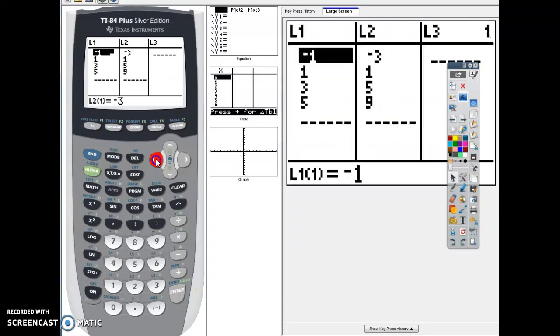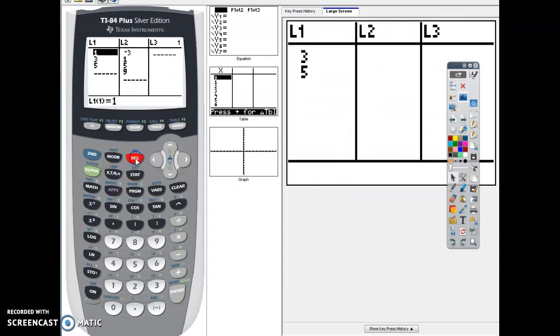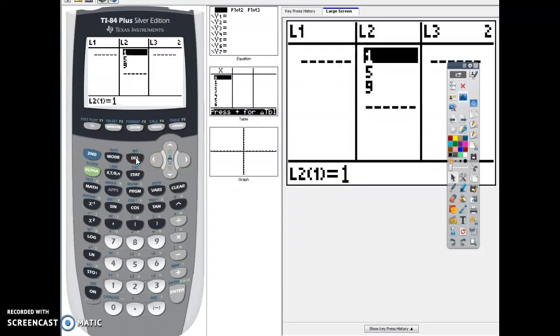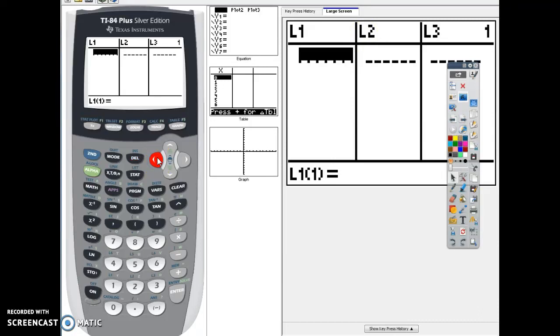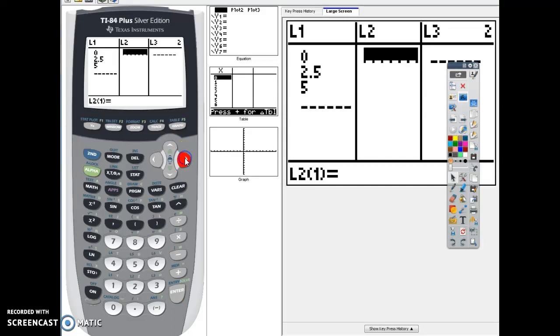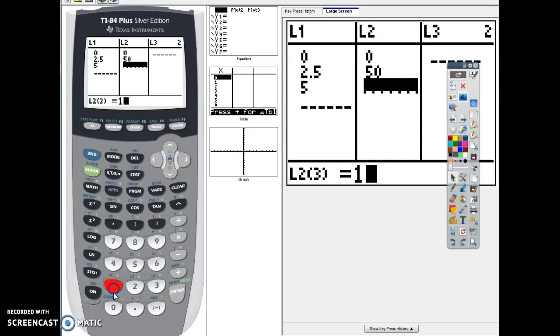Okay, so if you have numbers on there, just delete them. Make sure that you have an L1 and an L2. If you don't have L1 and L2 up at the top right here, then you need to clear the calculator. Second plus 712. Okay, so right here I would put 0, enter, 2.5, enter, 5, enter. On the other side, I would put 0, enter, 50, enter, and 100, enter.